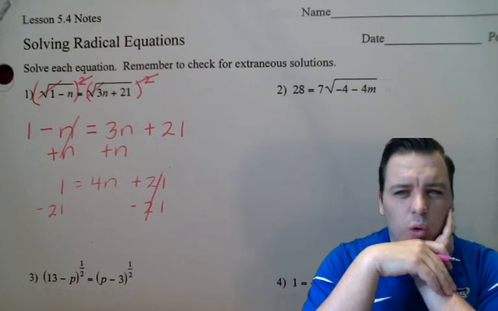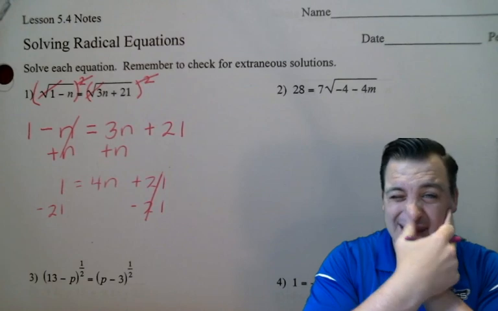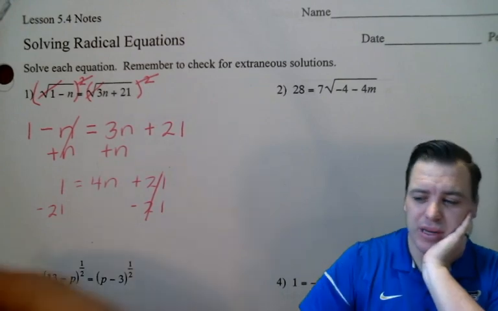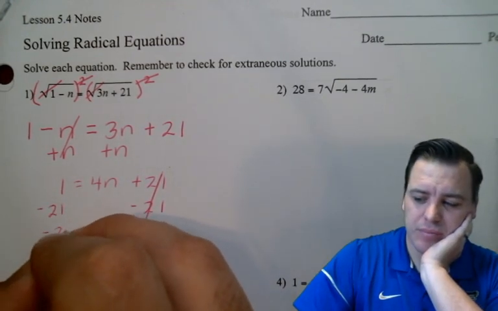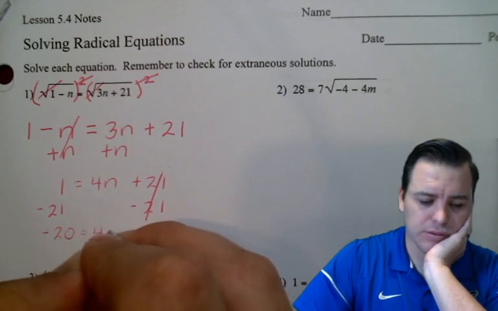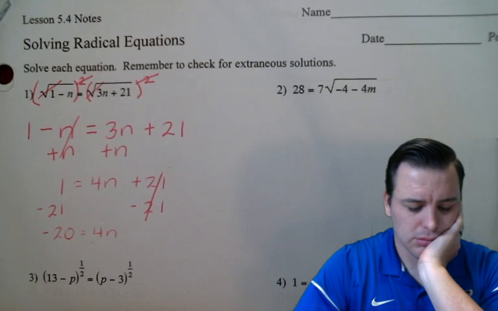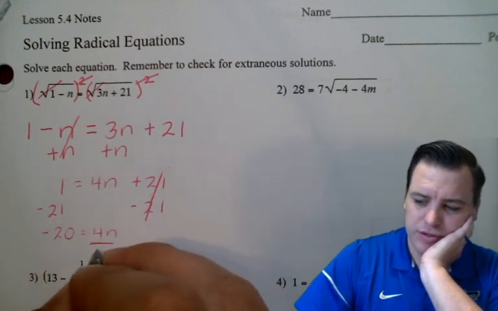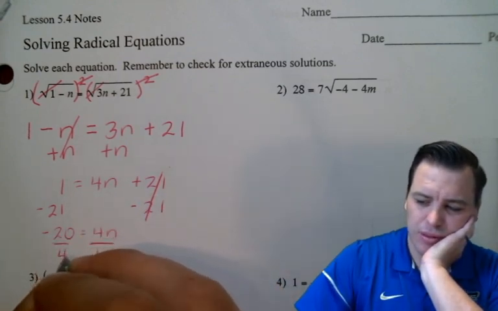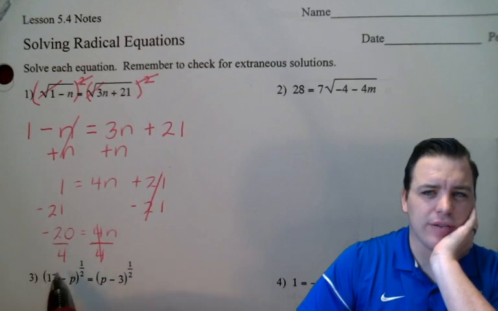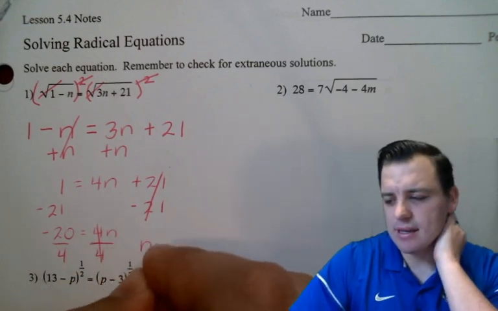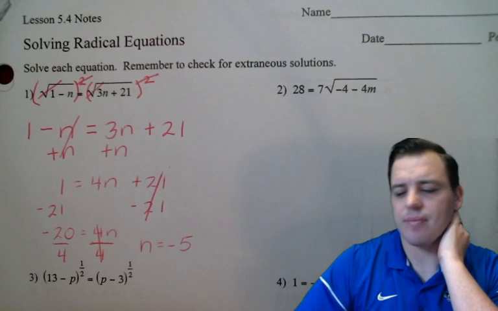And then 1 minus 21 would be negative 20 equals 4n. From there, we would divide both sides by 4. And negative 20 divided by 4 is n equals negative 5.